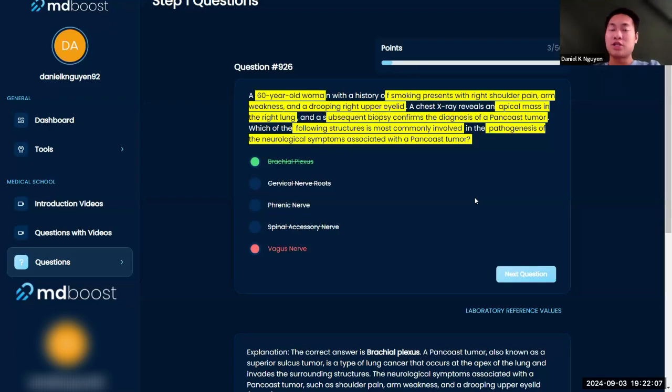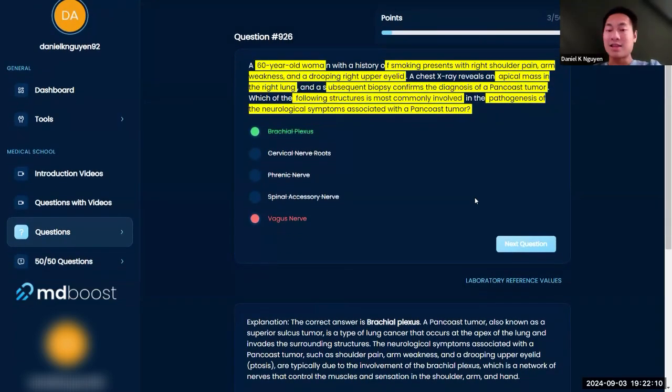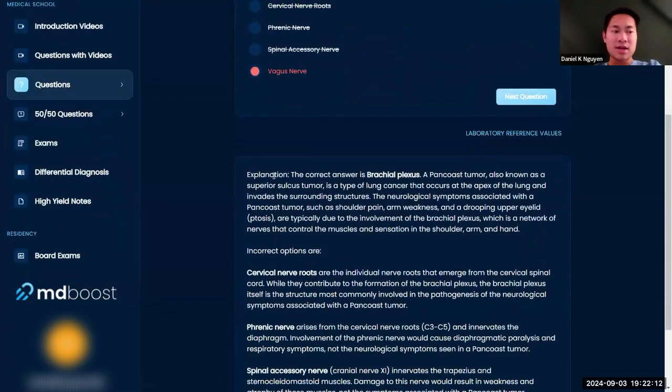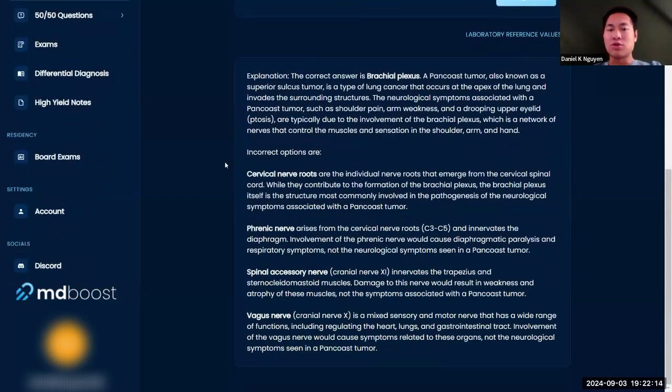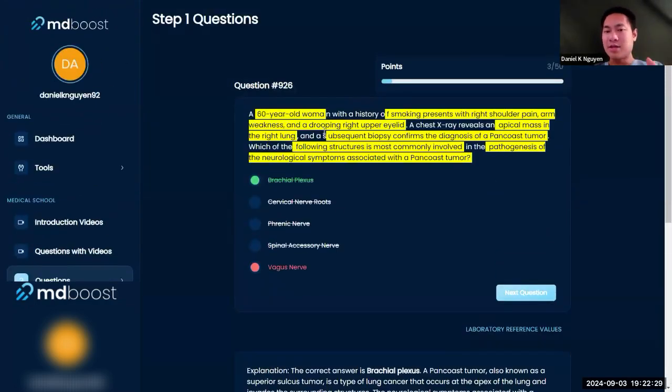And then you have ptosis, meaning an eyelid drooping. It's because your sympathetics control those areas. Definitely remember that some sympathetic fibers run near the brachial plexus. That's really why you have the eyelid drooping. It's all in the anatomy near the top portion of the lung.